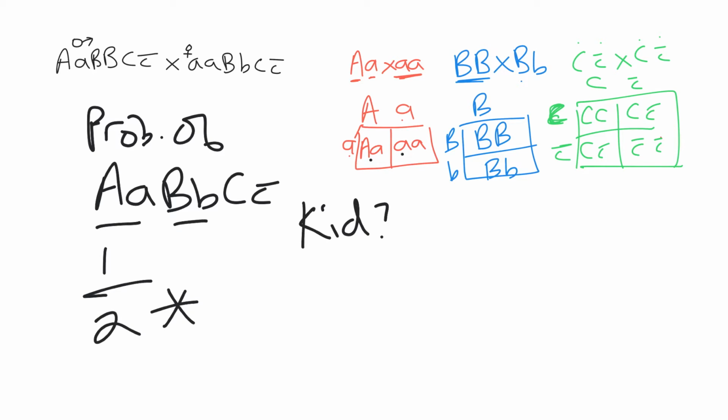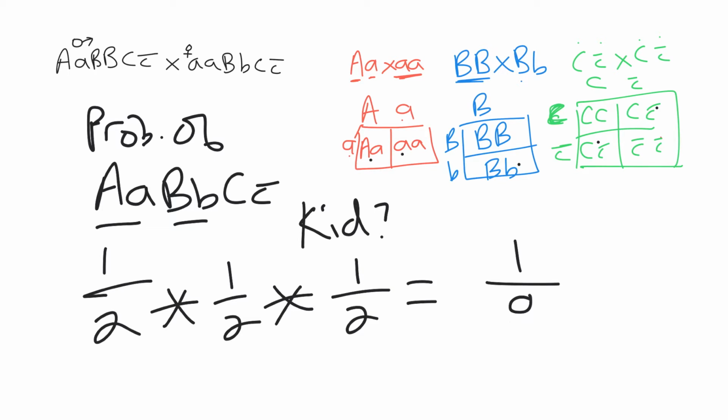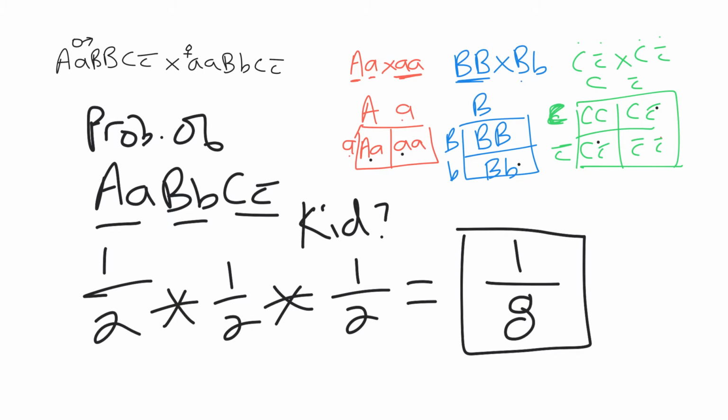Times big B little b, 1 out of 2. Times big C little c, that's 2 out of 4, or 1 out of 2, which equals 2 times 2 is 4, 4 times 2 is 8, so there's a 1/8 chance of having a child that has the 3 heterozygous alleles, or that's heterozygous at the 3 loci, for the 3 genes.